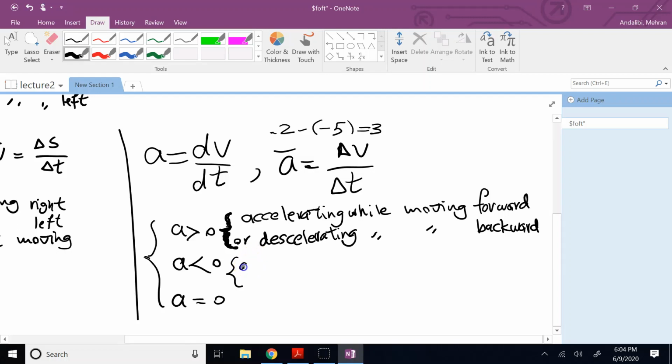So decelerating, stopping. Decelerating while moving forward is a negative acceleration.